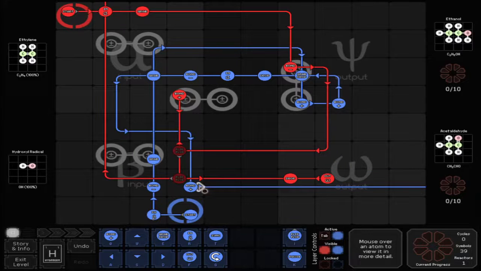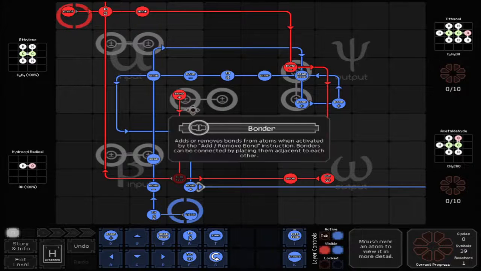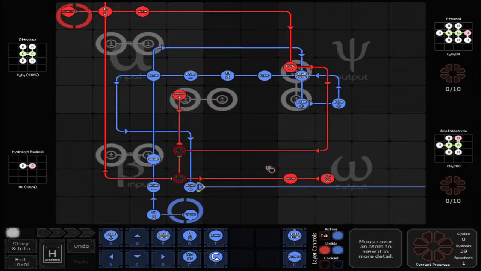And then, best place to put it down would be... Let's see, he's got too many commands around these bonders. I could try putting it down right here, but then I come across the problem of how am I going to put it down if I have to pass by the spot.